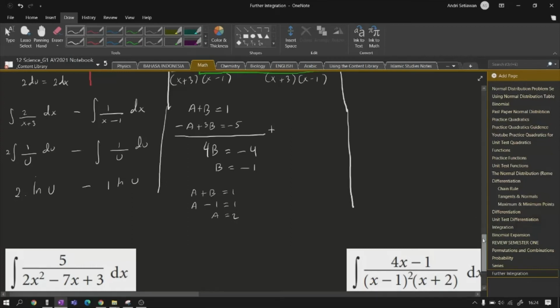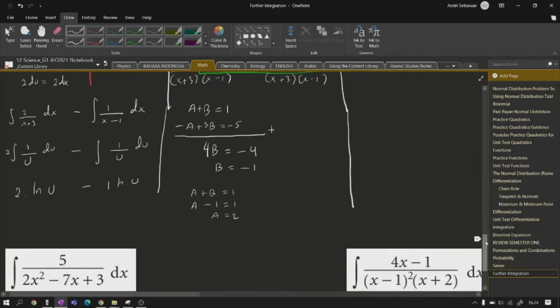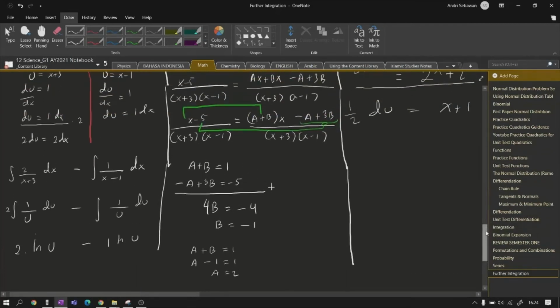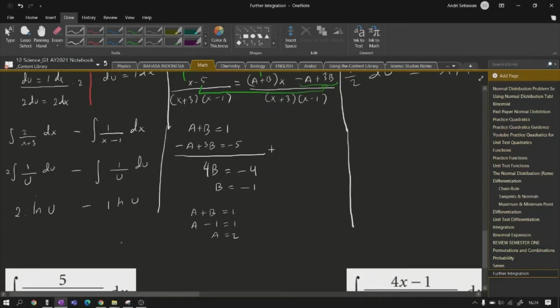If you don't quite understand, you can use another variable, not u. Maybe this is u, this is v, so you're not so confused in this step. In the other example I will use a different variable.